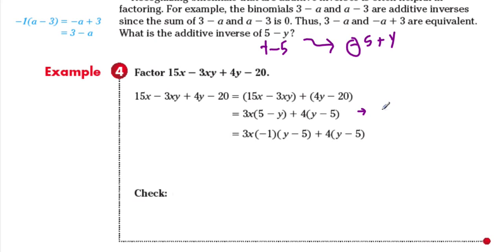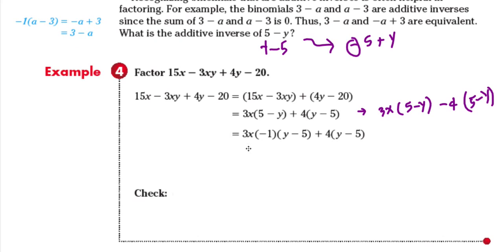This now becomes 3x times 5 minus y minus 4 times 5 minus y. Both answers work, but let's do this one because this is the one that's in the book. Both of them will work.